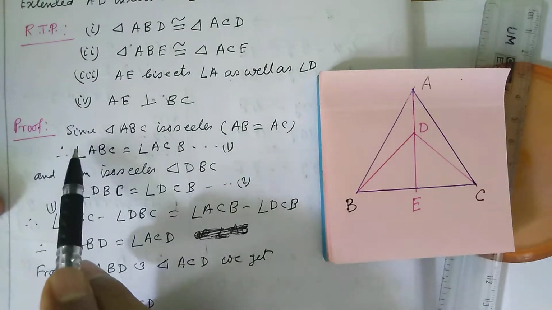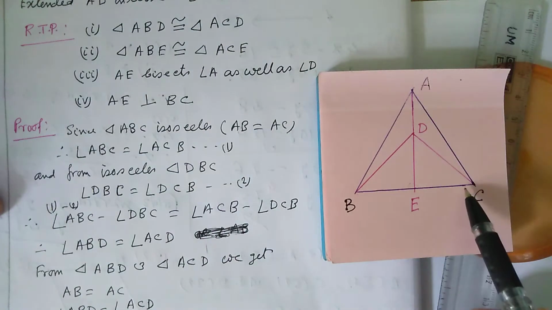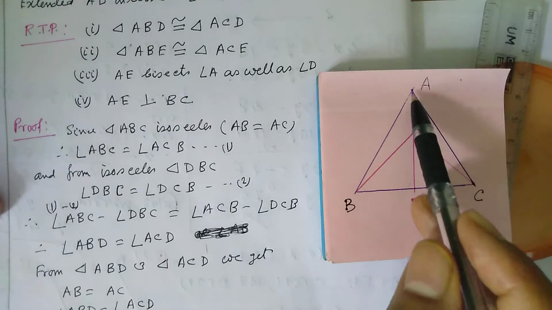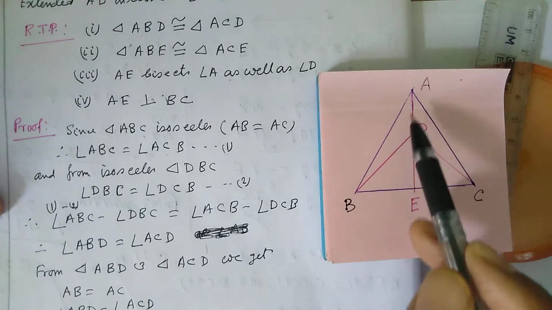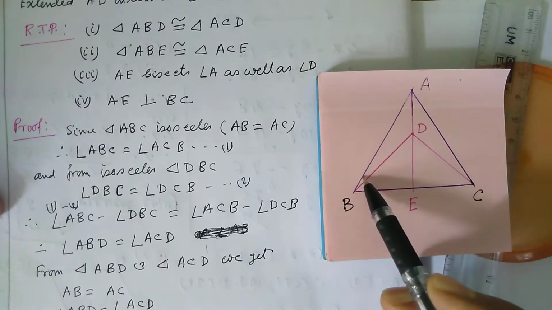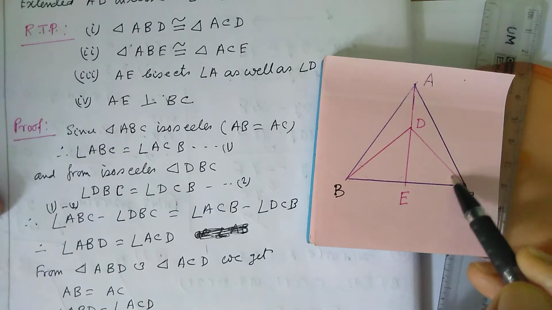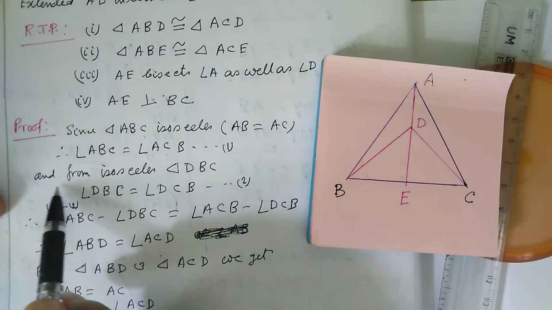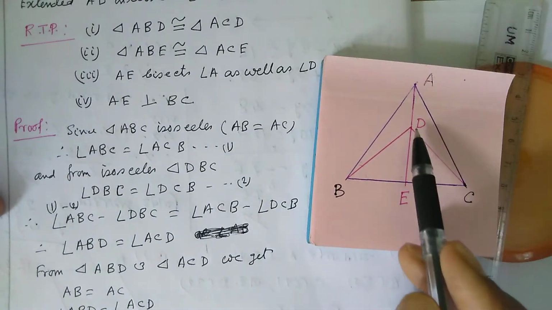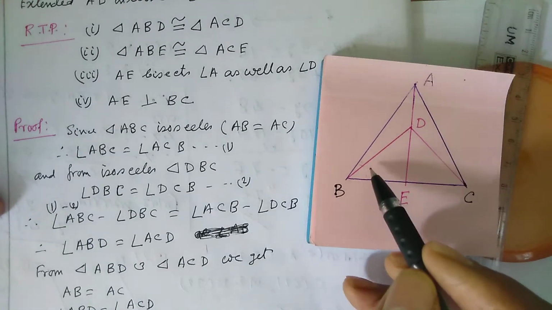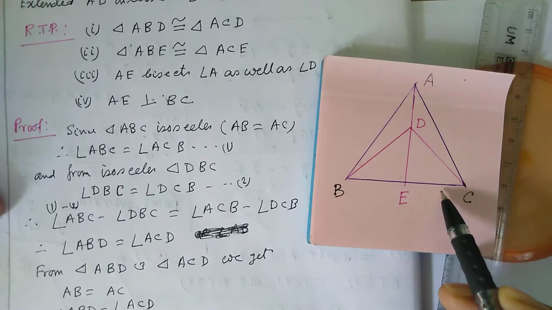Proof: since triangle ABC is isosceles, AB equals AC, then angle ABC equals ACB. Again from isosceles triangle DBC, angle DBC equals angle DCB.